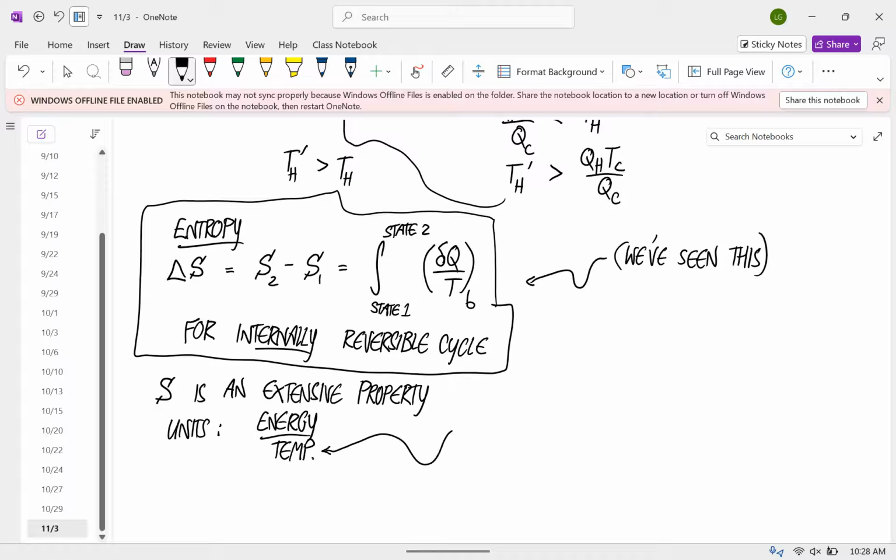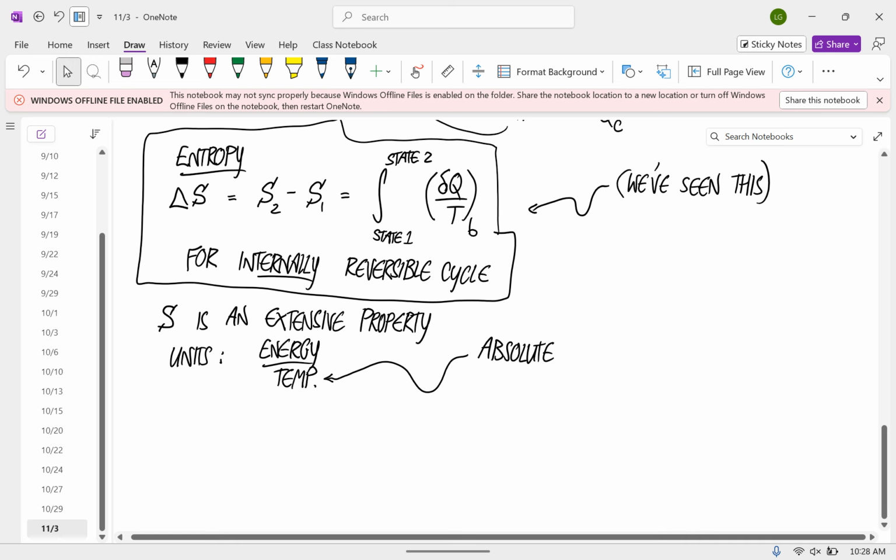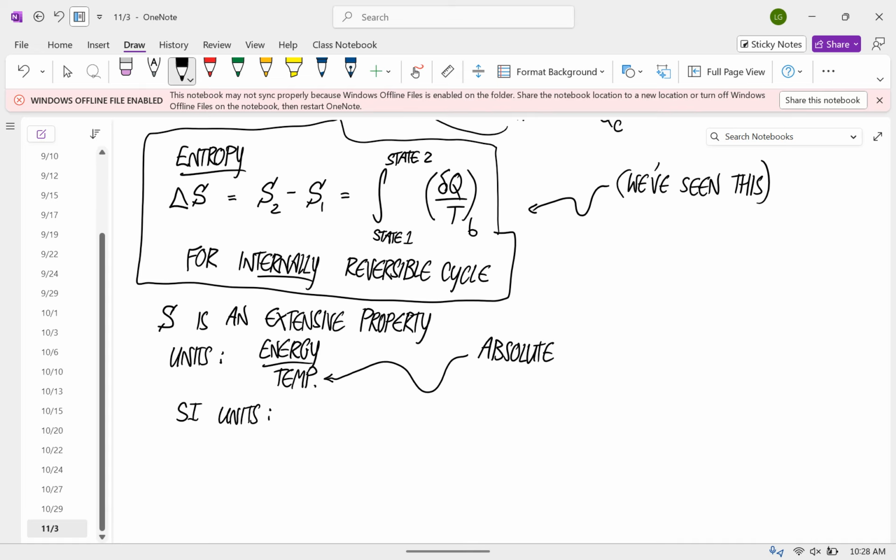Remember that these units of temperature have to be on an absolute scale. So there's never a case where you can use Celsius or Fahrenheit as units of entropy. So the SI units, the ones we're going to pretty much always use, are joules per Kelvin.